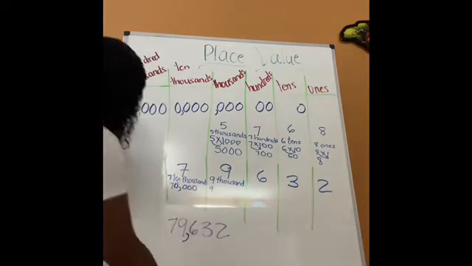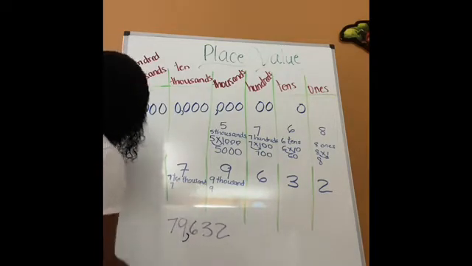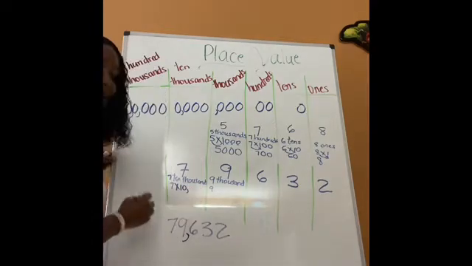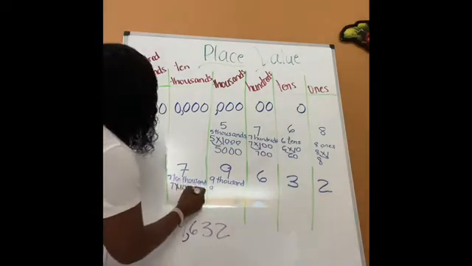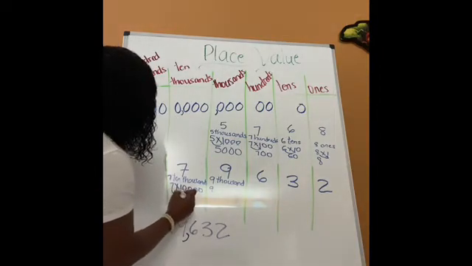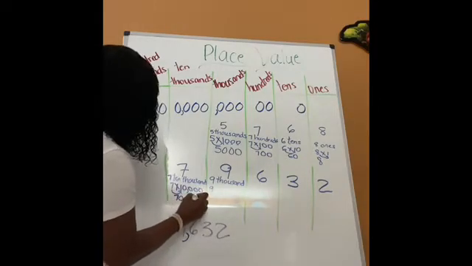Oh, I didn't put 7 times. So let me put 7 times 10,000. I know that 1,000 has 3 zeros. And then I multiply 7 times 1 is 7, and I count my zeros. It's 4. 1, 2, 3, 4.